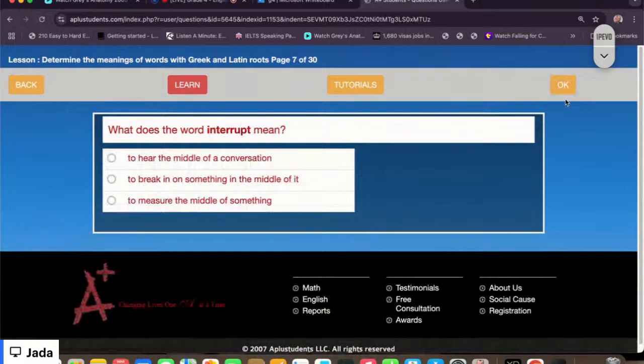So, what does the word interrupt mean? To hear the middle of a conversation, to break in on something in the middle of it, to measure the middle of something. What is the meaning of interrupt here?